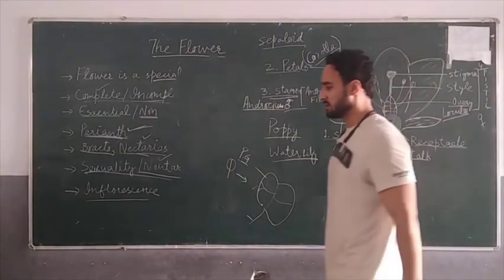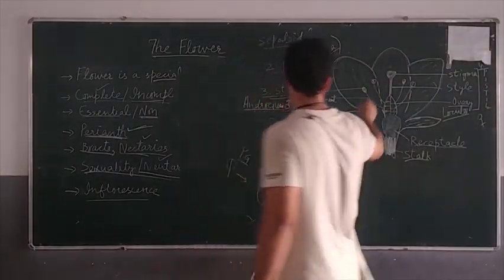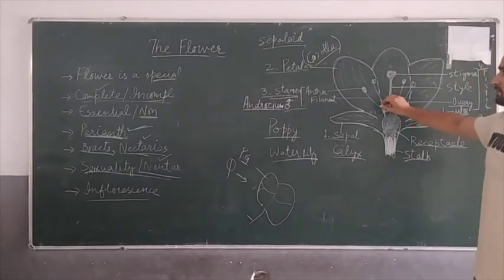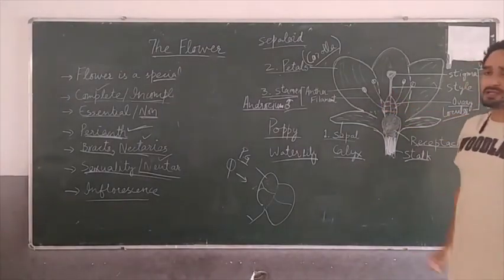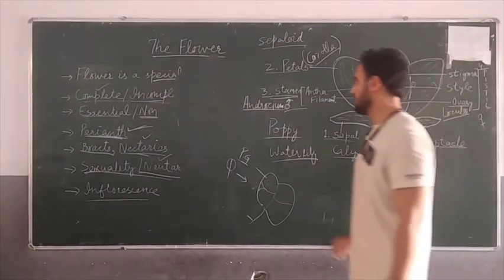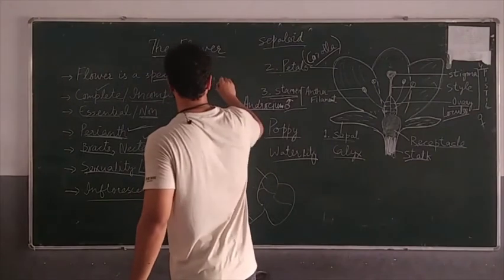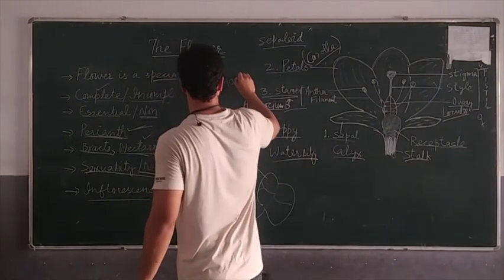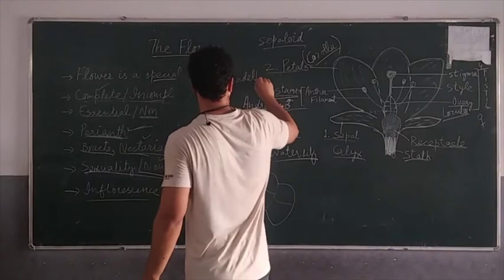Similarly, the androecium, the stamens, may be free. We call them polyandrous, or we call them monoadelphous. Monoadelphous is a condition in which the stamens are united.